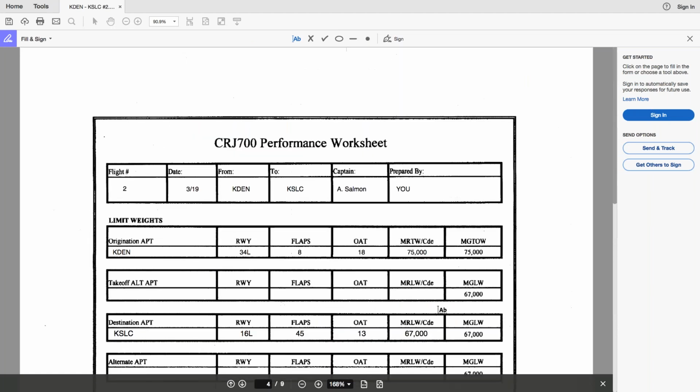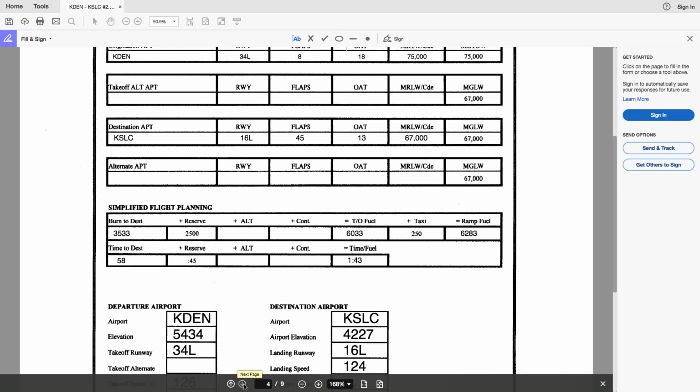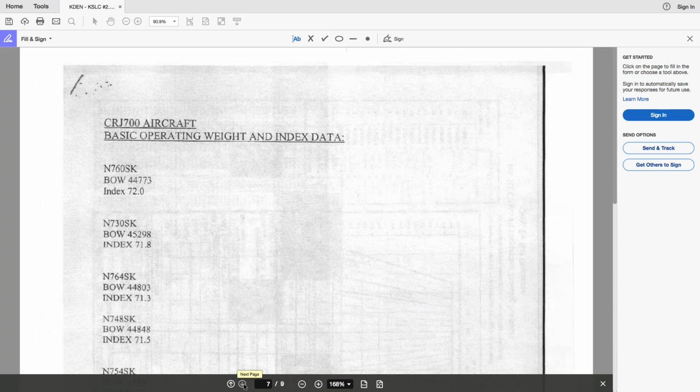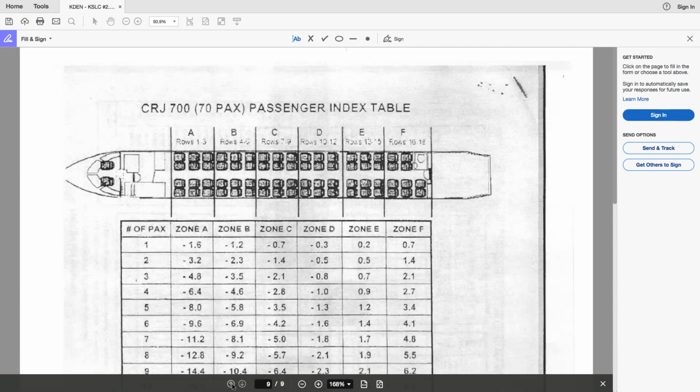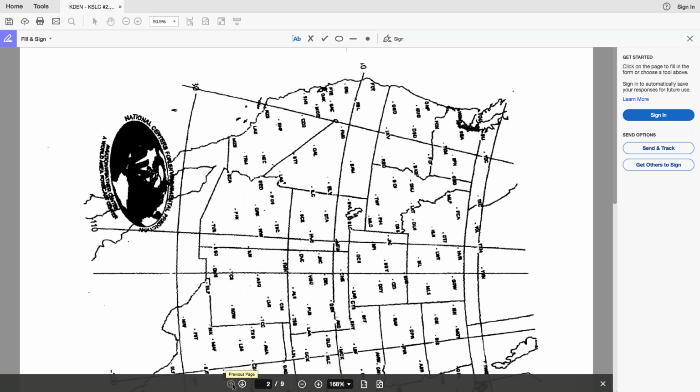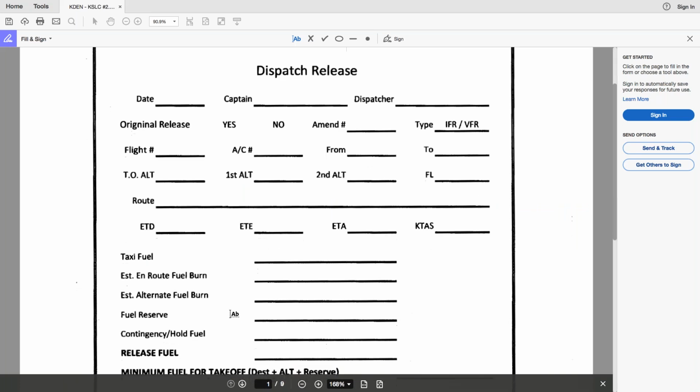Okay. So we filled out that page. Look at that, all these pages filled out, except for the last one, the most important one, right? So now we just transfer everything over. Dispatcher, you.